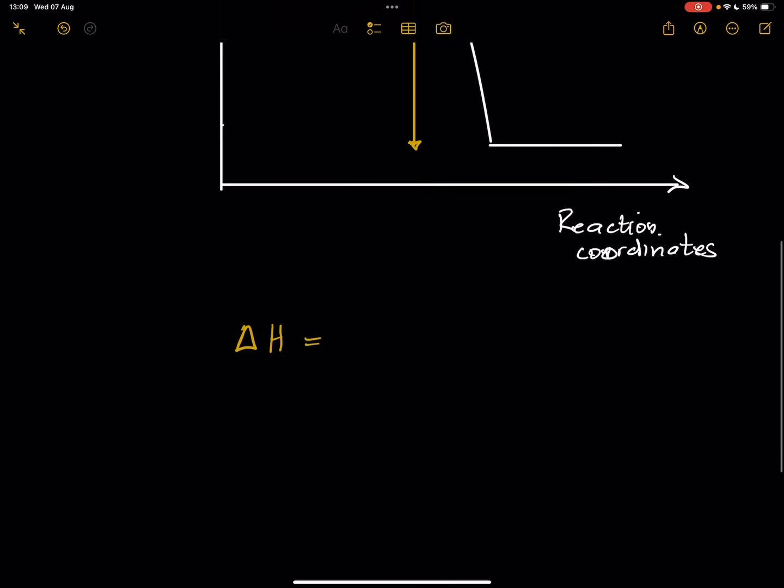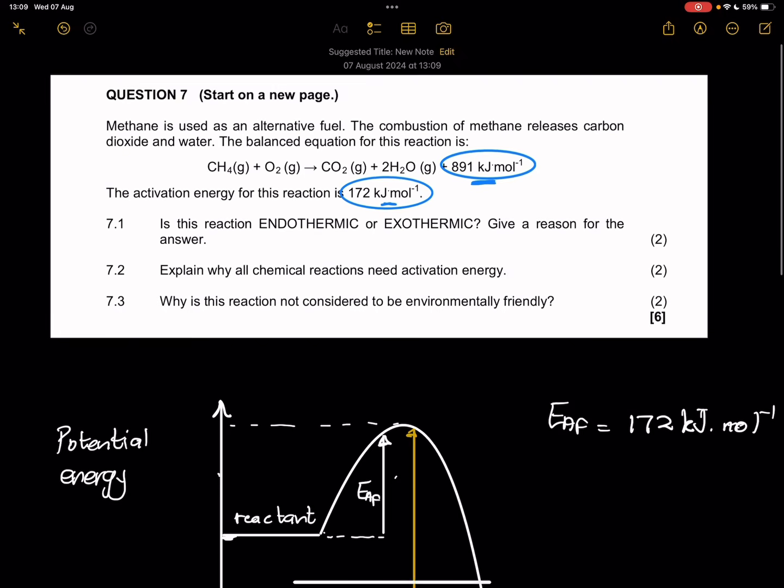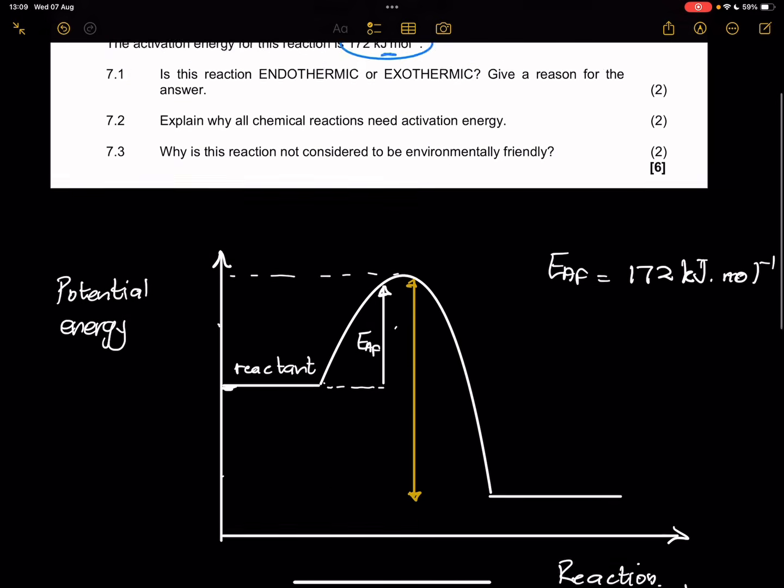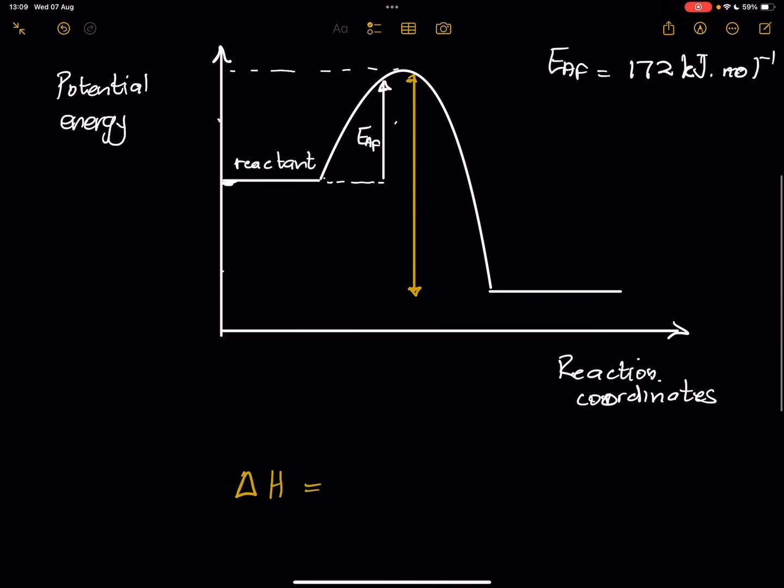If we are going to subtract them from each other, remember that is energy that is lost, that is released, so that would be negative 891. Why? Because you are losing it from the system. So that would be minus 891 kilojoules per mole.